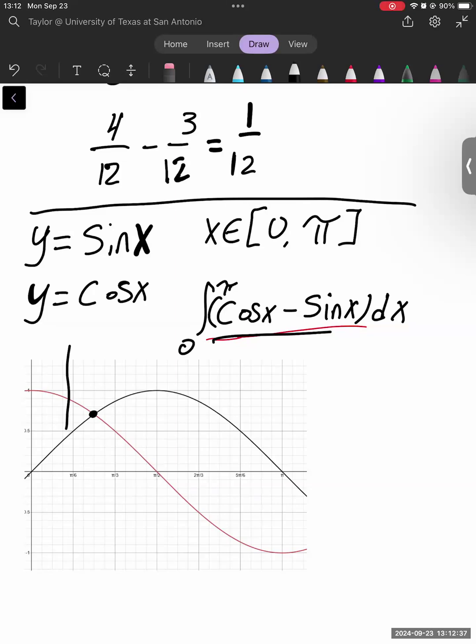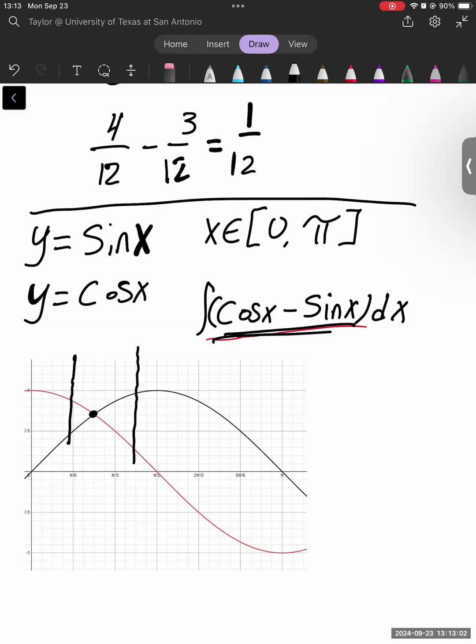Okay, so if we look, we do get cosine over sine. That means this part is correct, but we see at the point of intersection, if I draw another vertical line on the right here, we actually hit sine and then cosine.